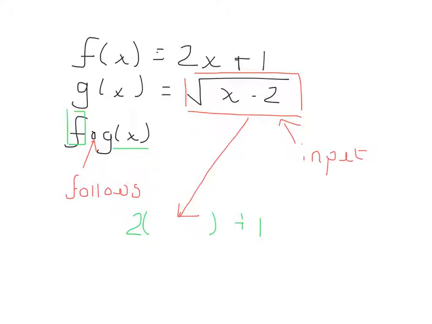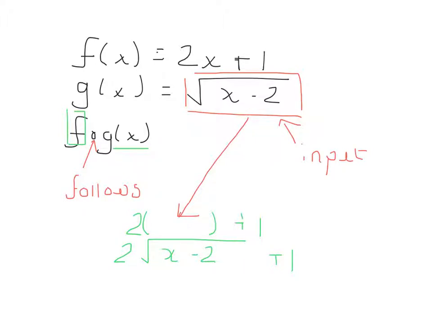So what we'll have is 2 times the quantity square root of x minus 2 and then plus 1. Now we want to simplify this as much as we possibly can. And I would say in this case that it is simplified as much as it possibly can.